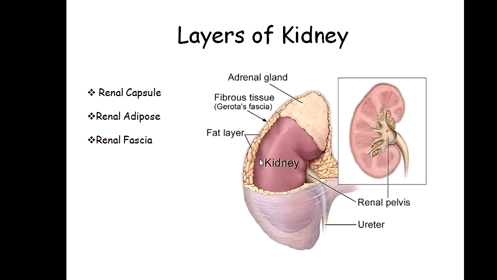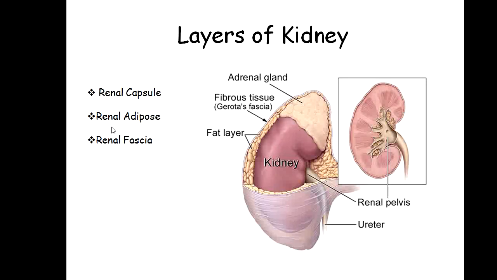The first layer is only above the kidney, but the second layer is above the kidney as well as the adrenal gland. The first layer only encloses the kidney, while the second layer encloses the kidney as well as the adrenal gland.